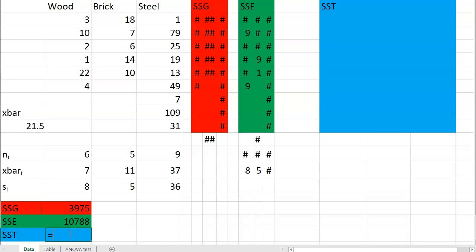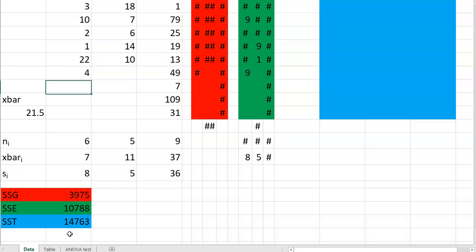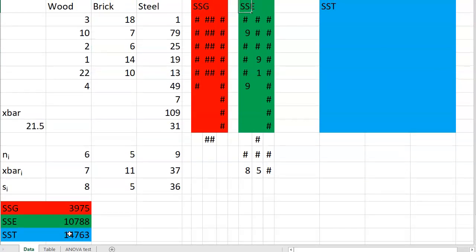And of course, the easiest way is going to be adding up the SSG and SSE, but we can also do it one by one with each data point. I'm going to take this data point here minus the overall average, and I want to lock that so that number doesn't change, and square it. What did I do wrong? Oh, I didn't have an open parentheses.